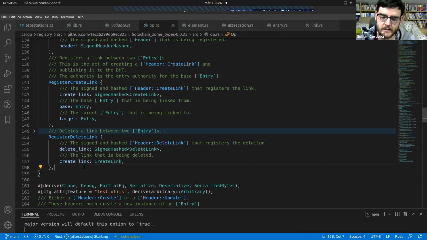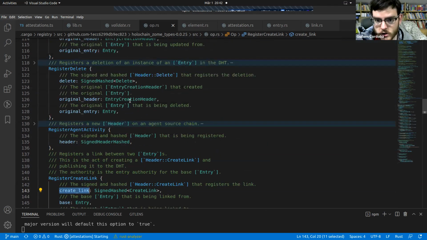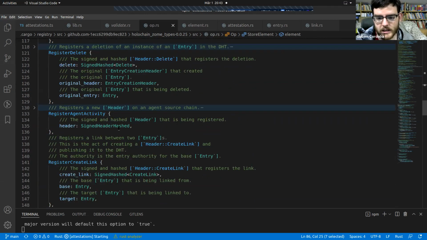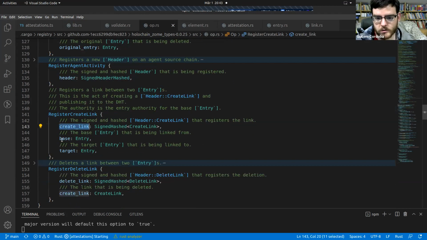One of the important parts here, and this is a real hint for developers, is the different data that you get inside each of these. For example, for a link, in StoreElement you get a store element for a link, and from this element you could derive the base, the target, and so on. But here it's much clearer: you already have the create link, the base, and the target.